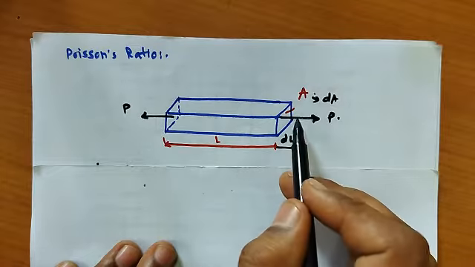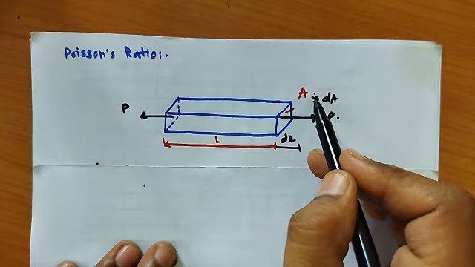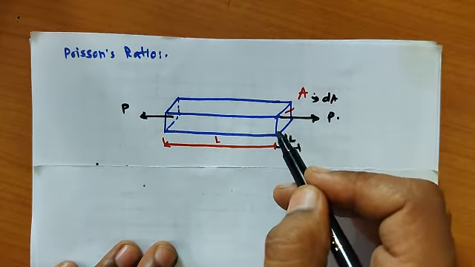But when a tensile force is applied, its cross-sectional area will be reduced. That means there is a change in diameter, or the breadth and width.